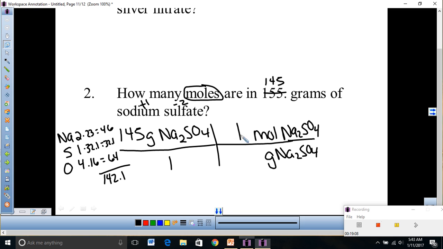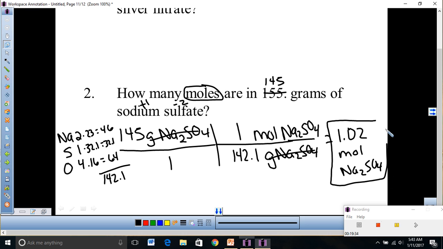And this time, instead of going on top, because mole's up there, it's going to go on bottom. And so this time, instead of multiplying, we are going to be dividing. So 145 divided by 142.1, you get 1.02 mole Na2SO4.